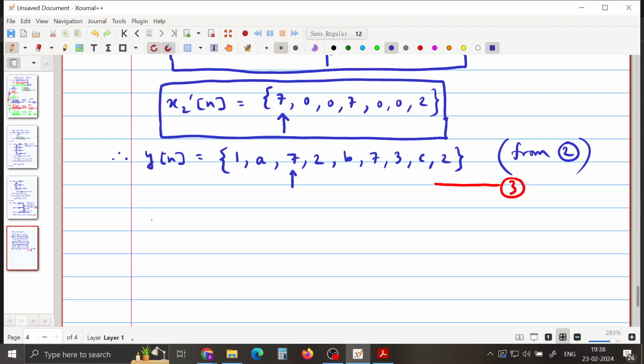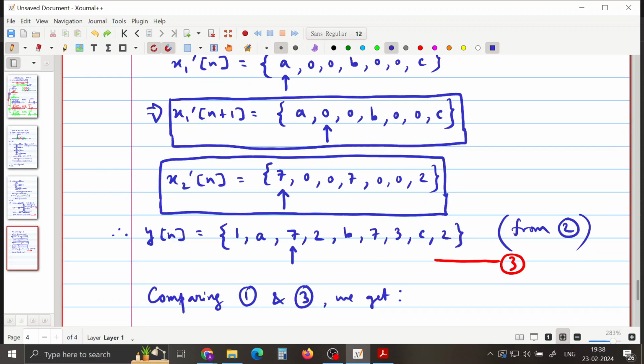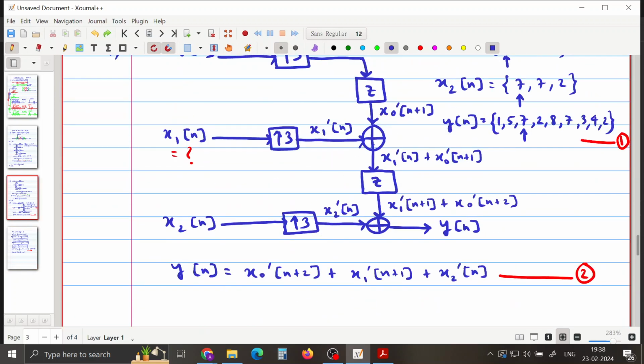So what I'm going to do is compare equation 1 and 3. You see this a is sitting here at the second index, and if you go back to equation 1, at the second index you have the element 5, so a is nothing but 5.